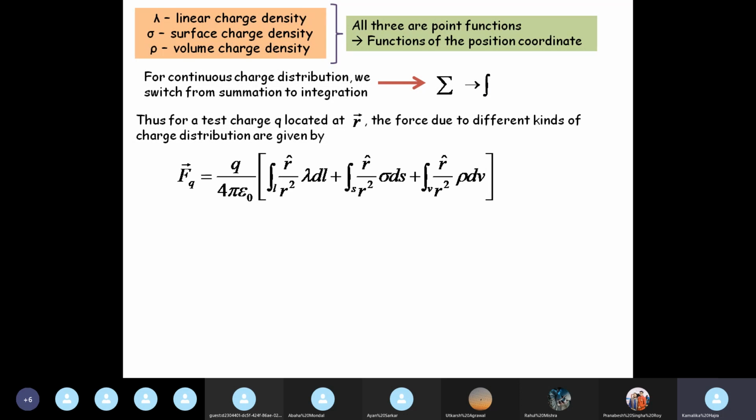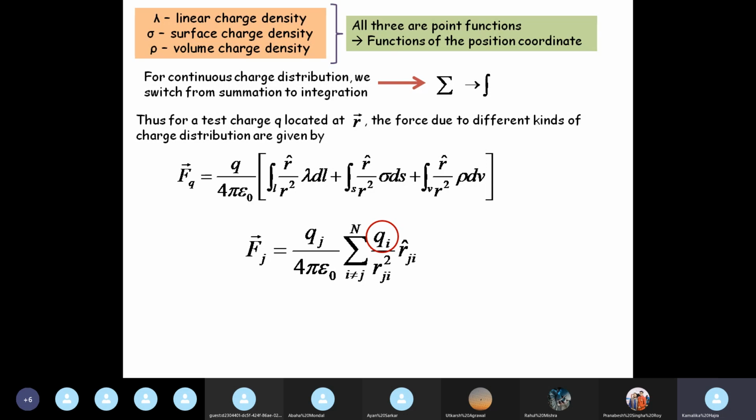We have a test charge Q, and surrounding it you have a linear distribution, a surface distribution, and a volume distribution. So how will I find the total force on the test charge Q? We have just replaced the summations by integrations. This was our expression for the resultant force on the jth charge due to n source charges; we had a summation.